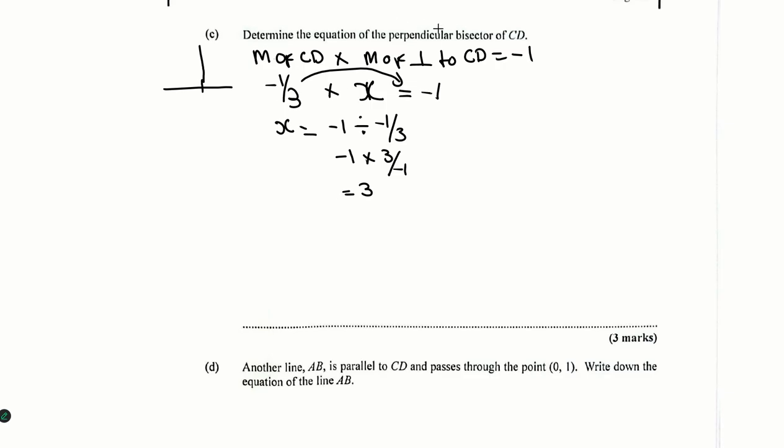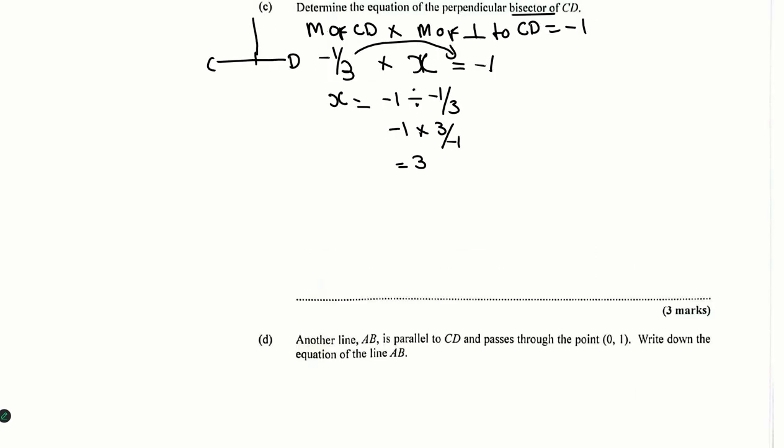Also, you need to know when they say perpendicular bisector, let's say this is CD. It's intersecting at 90 degrees, which tells us the gradient, and also that bisector means it cuts this line in half. What do we know? The line at a half is our midpoint.